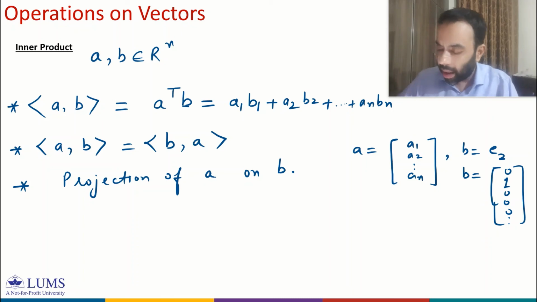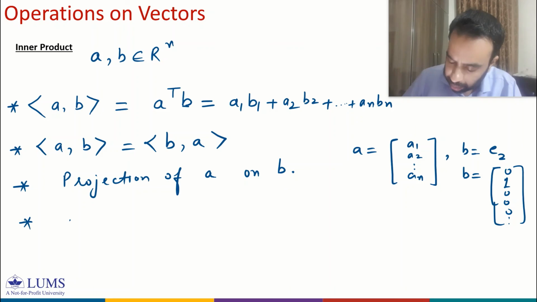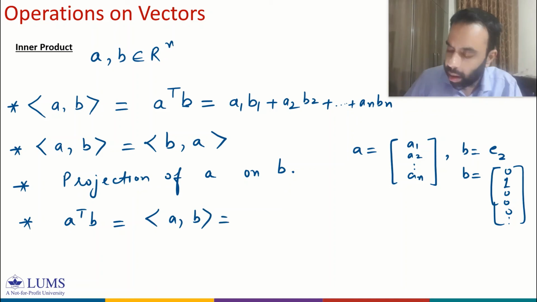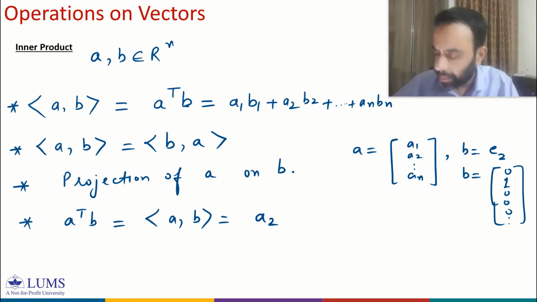When you take a transpose b, for this example, a transpose b or inner product of a and b would be given by a1 times 0 plus a2 times 1 plus a3 times 0. What you get is a2.